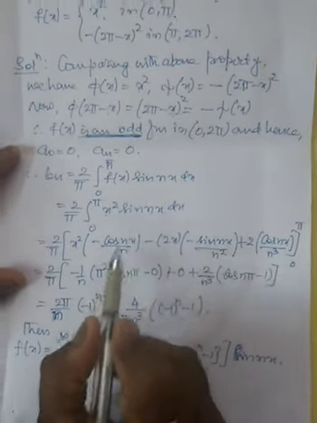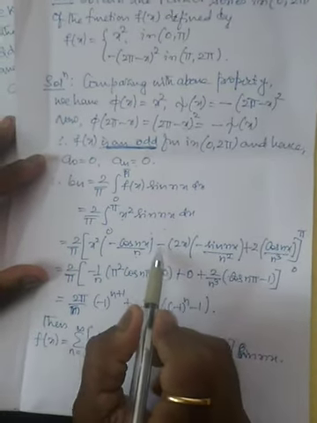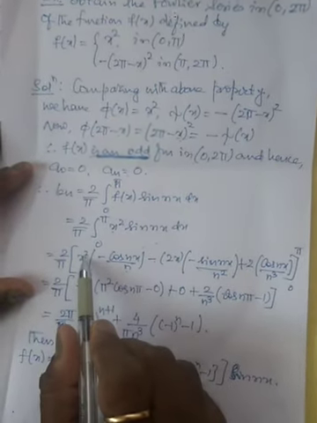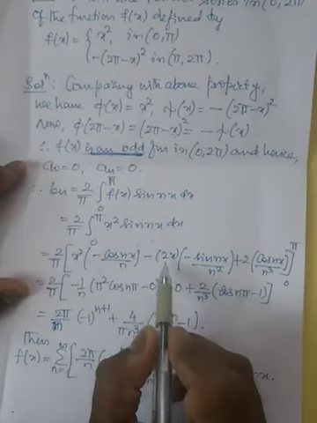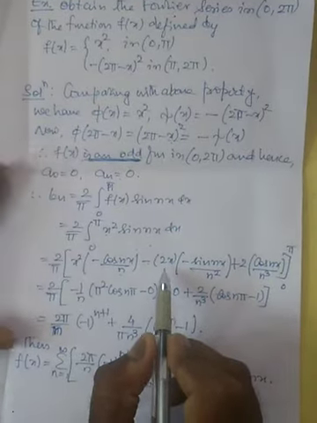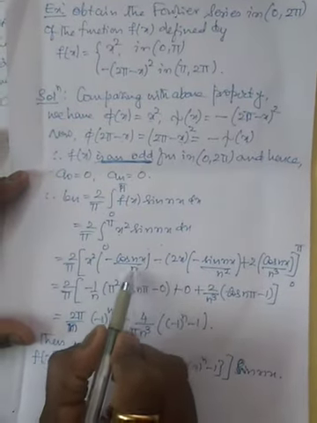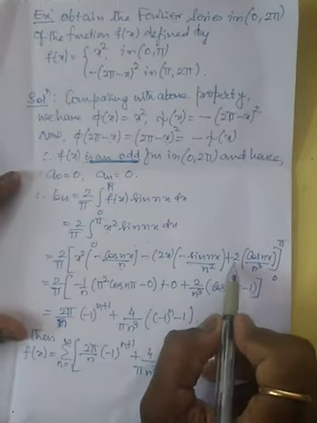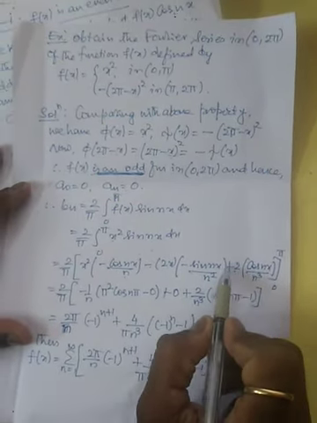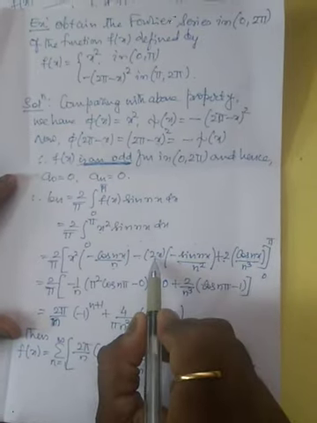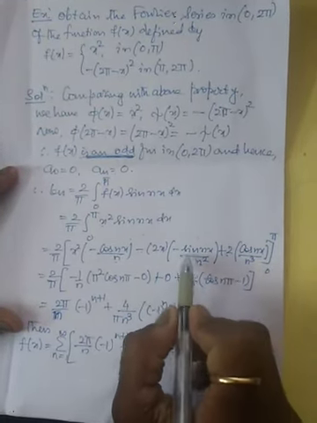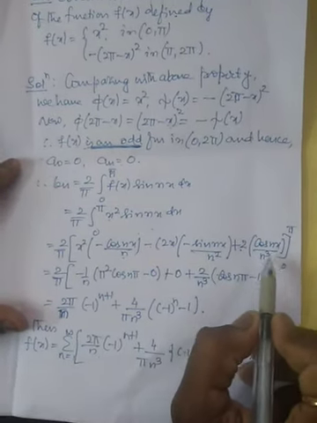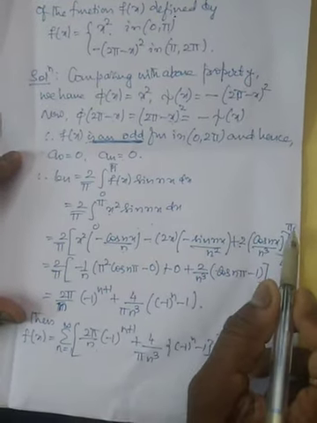Integration of sin nx is minus cos nx upon n, with minus because the second term starts with a minus sign, and u dash is the differentiation of x square, which becomes 2x, and integration of minus cos nx upon n will be minus sin nx upon n square, plus, the third term being related with plus sign, the differentiation of 2x becomes 2, and integration of minus sin nx upon n square will be cos nx upon n cube, between 0 to pi.